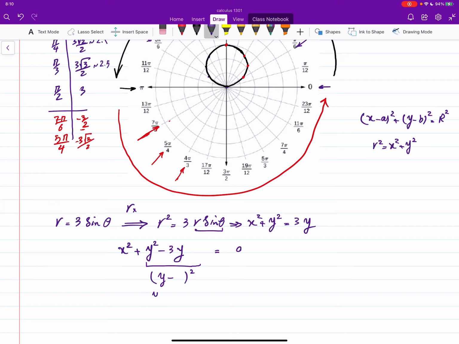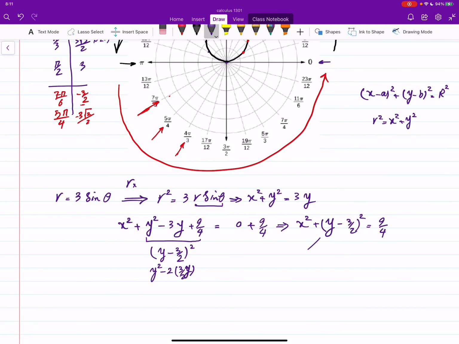So this is y squared, let me write it here, y squared minus 2 times 3 over 2 times y. Then the second term could be 3 over 2, but I'm off by the square of that, which is 9 over 4. I added 9 over 4 to the left-hand side, so I need to add it to the right-hand side as well. So this gives me x squared plus y minus 3 over 2 squared equals 9 over 4.